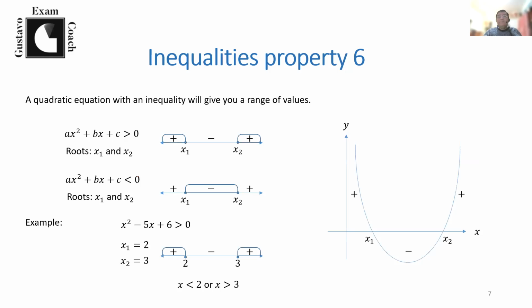Finally, we'll see another property, which is actually a nice template to help you solve quadratic inequalities with one variable on the spot. Let's give you a little context here. You have the general quadratic equation with a single variable of the form ax squared plus b times x plus c equals 0.